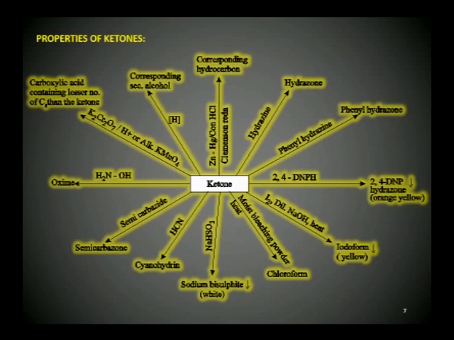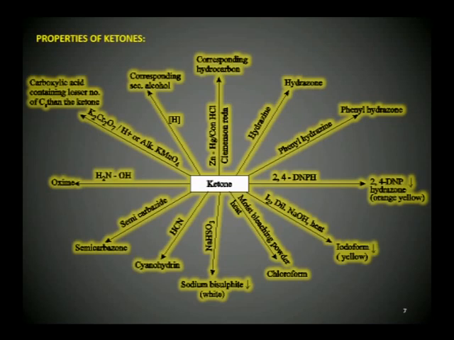When ketone is oxidized in the presence of acidified potassium dichromate or alkaline potassium permanganate, we get corresponding carboxylic acids. When ketones are reduced, we get secondary alcohols.